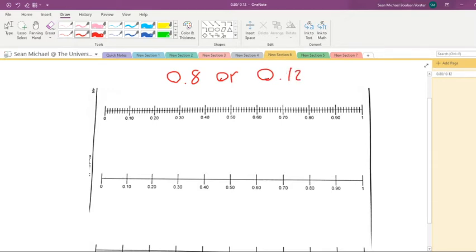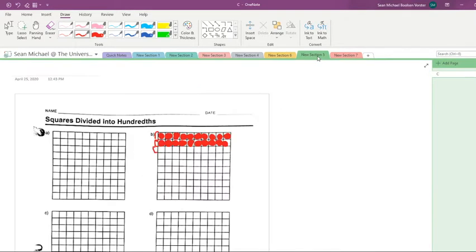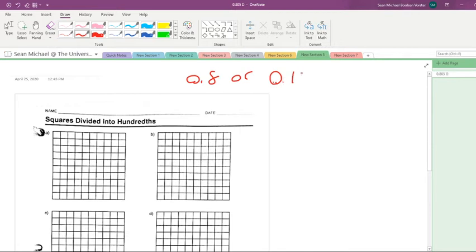Well, there's definitely one that's bigger, but you have to look at this and try and think. Before we even do this, we could go back to our grid, and let's erase all that and do it again. So 0.8 or 0.12.